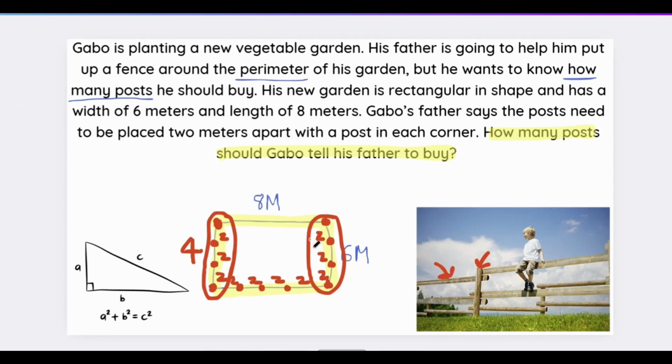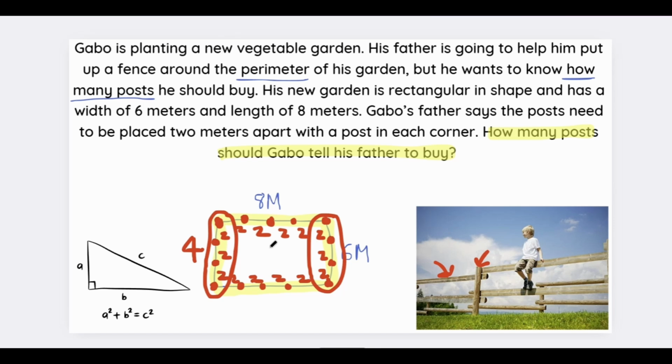So 2 meters post, 2 meters post, put it here. 2 meters post, 2 meters post.